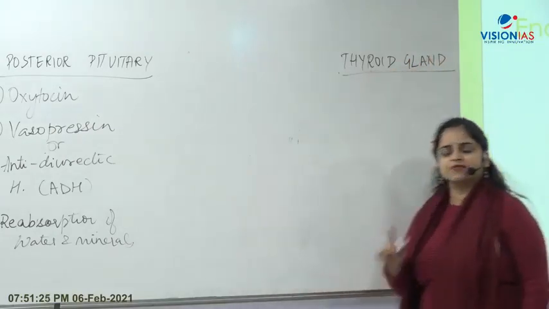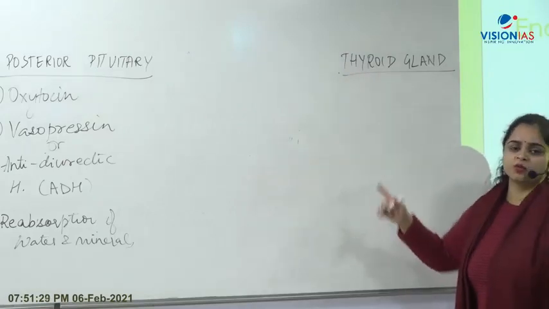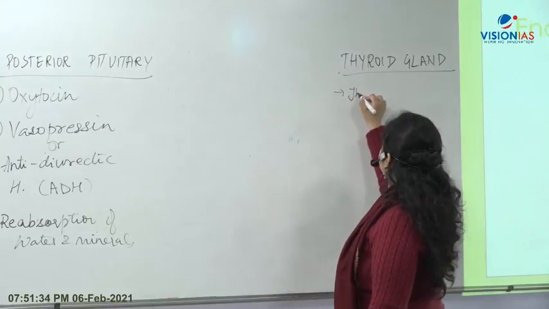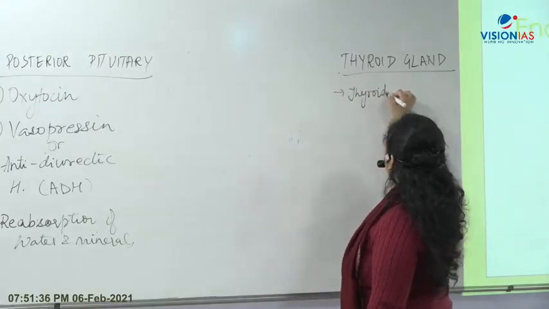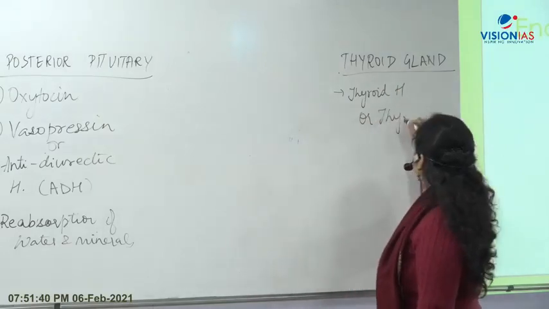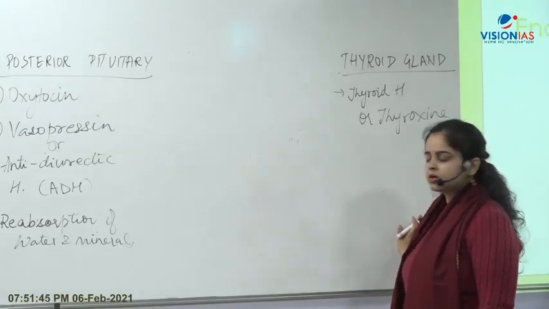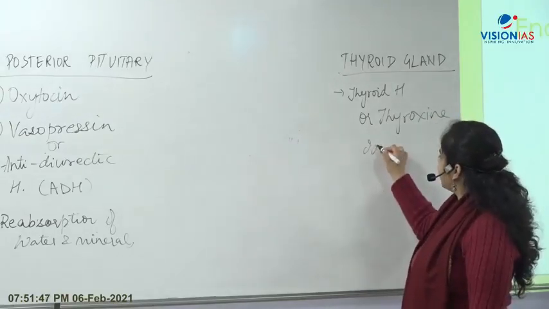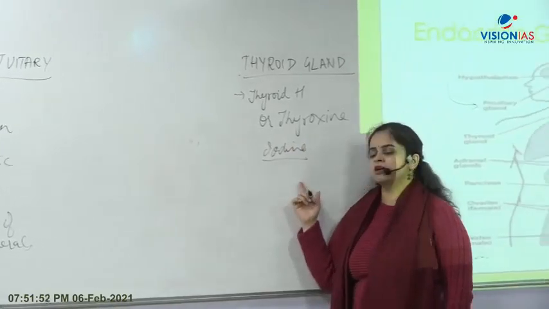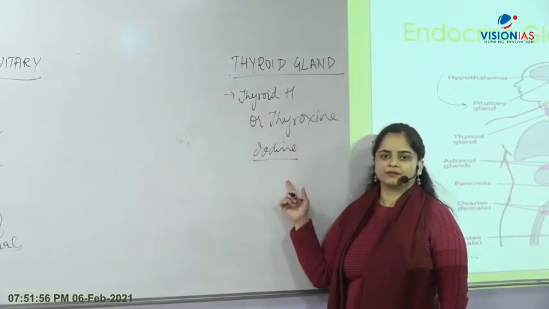The thyroid gland starts working once TSH is released from the anterior pituitary. The hormone here is thyroid hormone, or thyroxine. If you remember, it contains iodine. When we studied iodine in minerals, we discussed that thyroxine contains iodine.